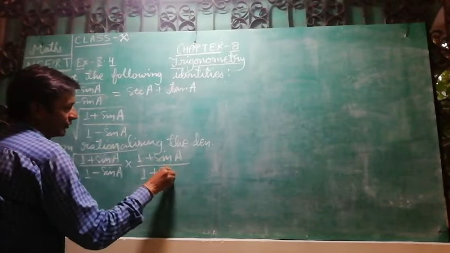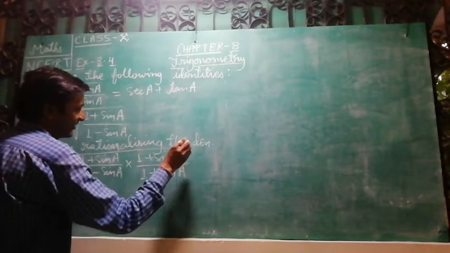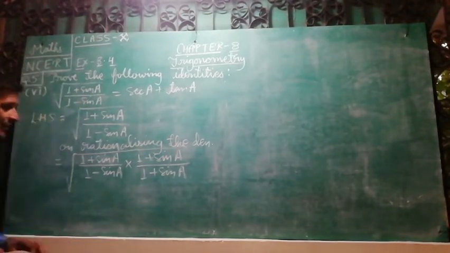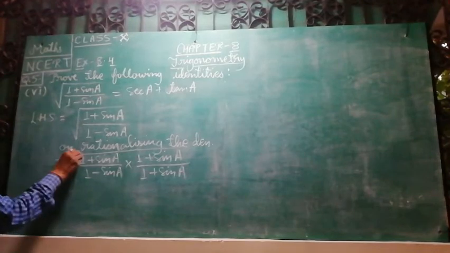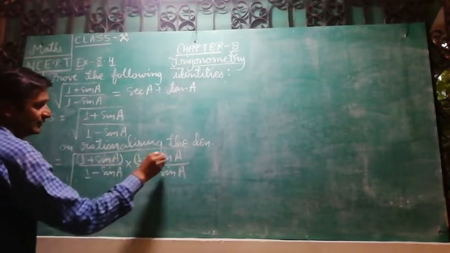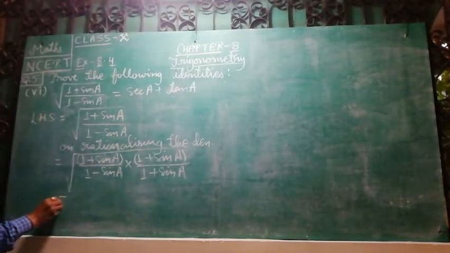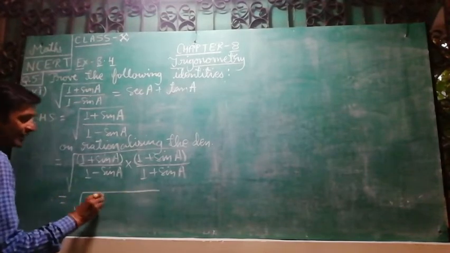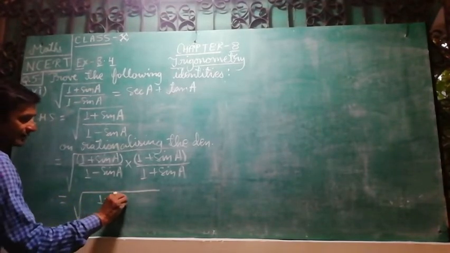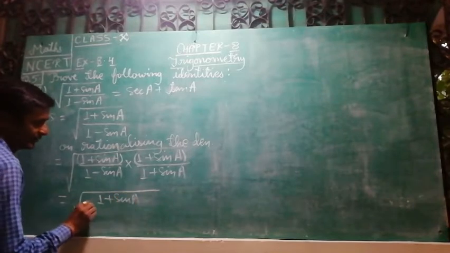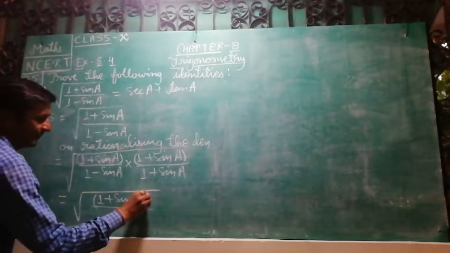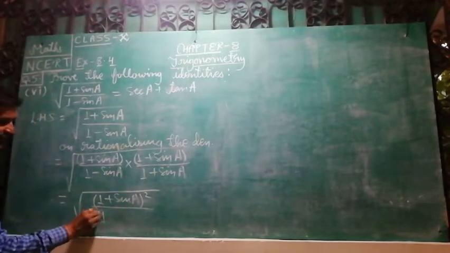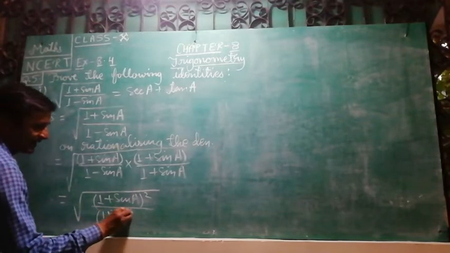So now we can see very clearly that in the numerator it will become 1 plus sin a whole square. First of all, write it in root only. It is 1 plus sin a whole square, and in the denominator, a minus b into a plus b is equal to a square minus b square, that is 1 square minus sin square a.